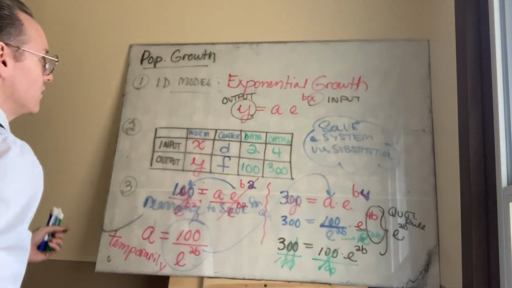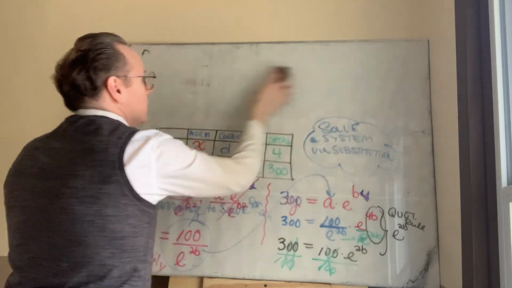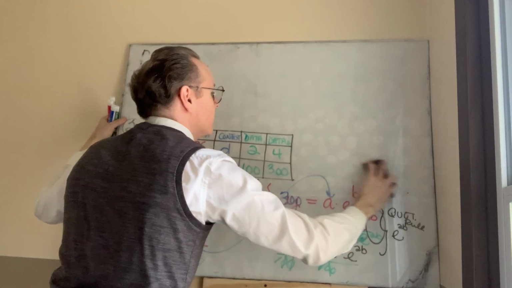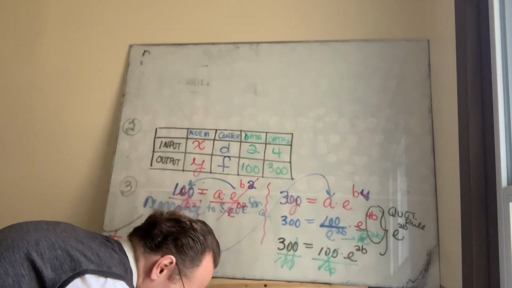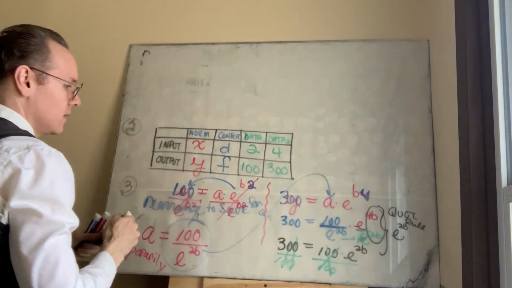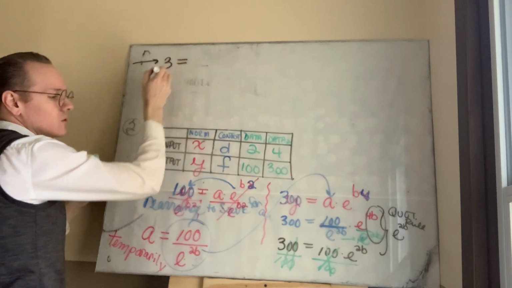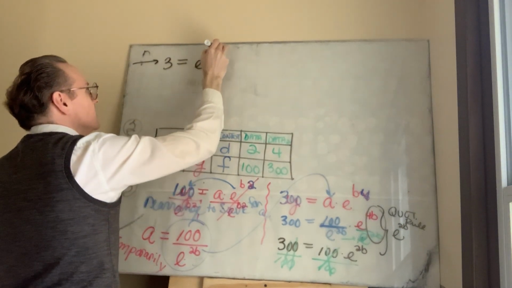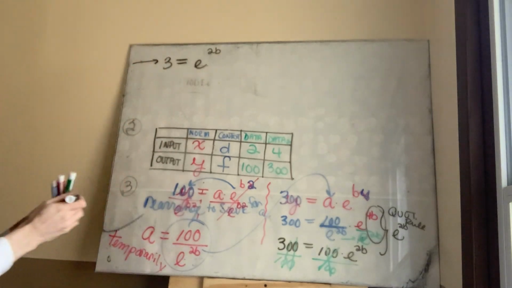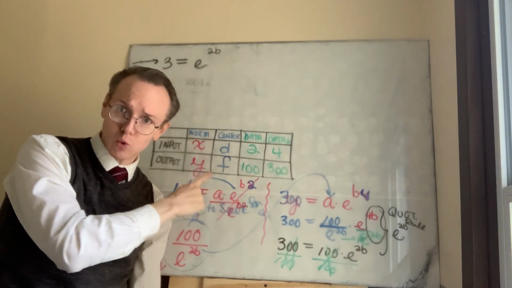Because I'm running out of space, I'll put this up here. So this is really 3 is equal to e to the 2b, and now at this point it would probably be ideal to apply natural log.